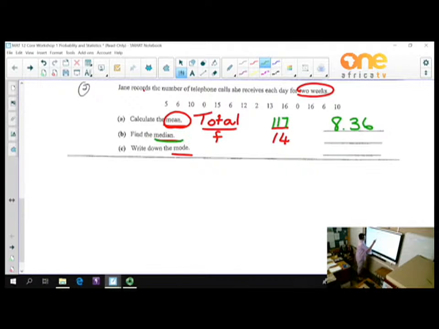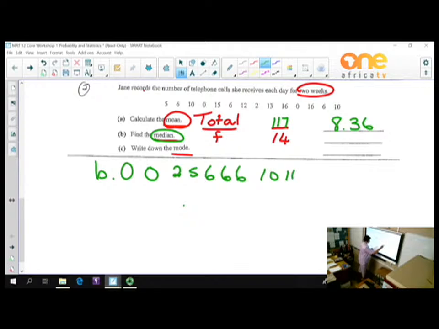The second thing that we're looking at now is the median. Now to find the median, we have to arrange this information from the smallest to the biggest. So I'm going to start there with 0, 0. I've got 2 zeros there. Then I have 2, 5, 3 sixes, 2 tens, 12, 13, 15, and 2 16s.